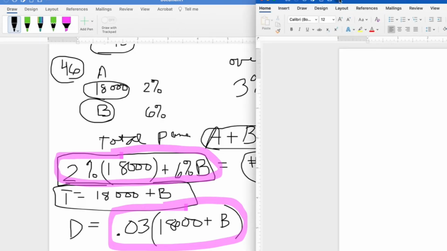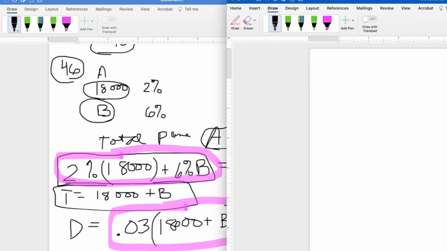So let's do that. Now we're going to write 0.02 times 18,000 plus 0.06 times B equals the number defective, but the number defective equals this.